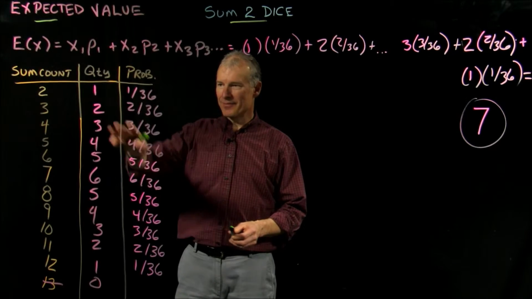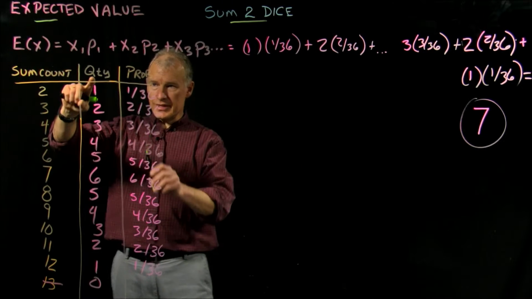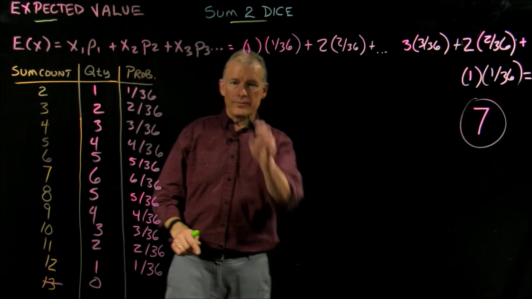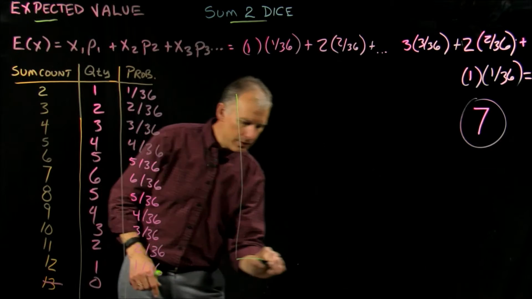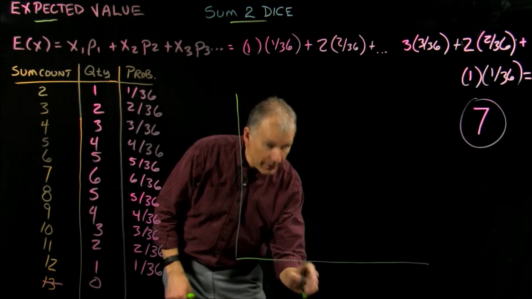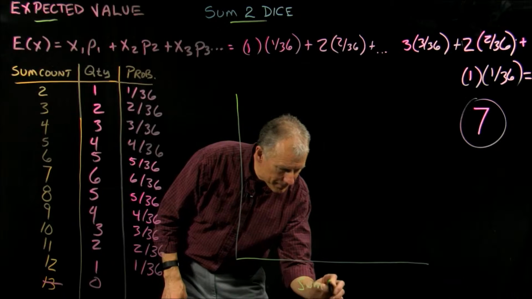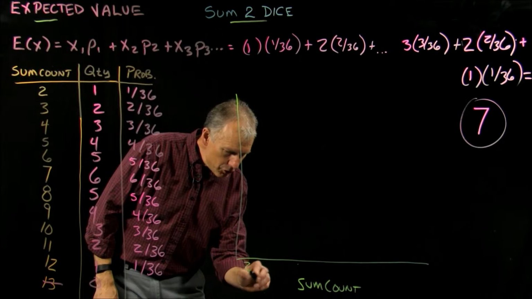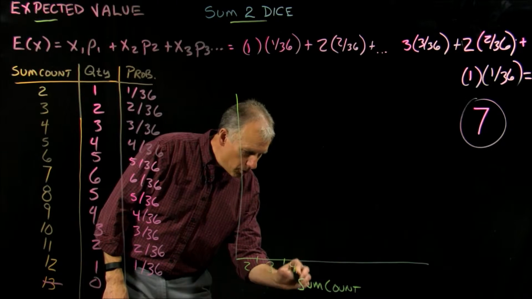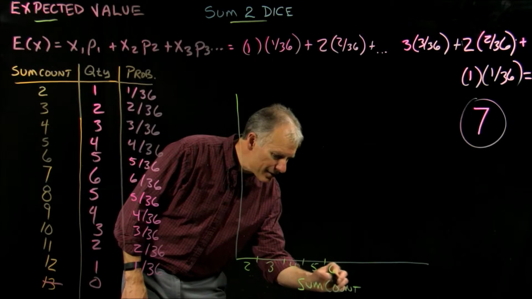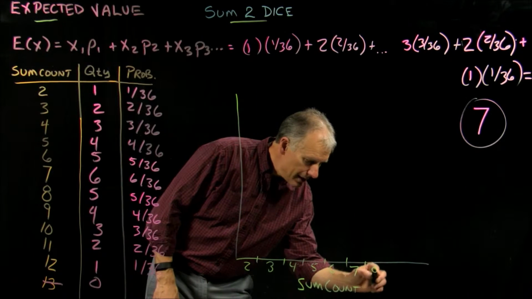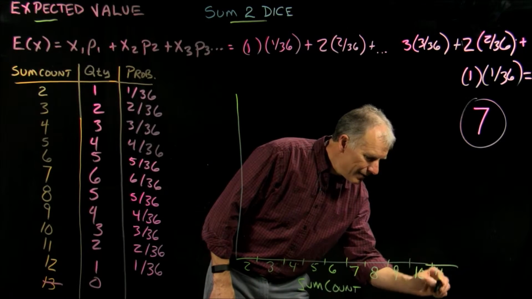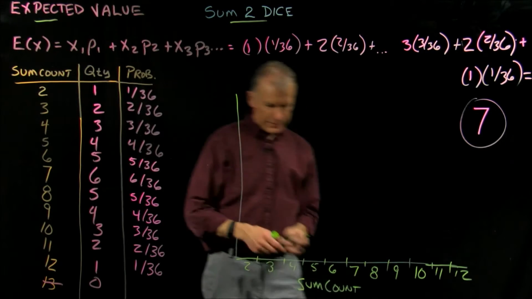So let me make a histogram of our data. This would be a frequency table right here. This is the frequency that these events occurred. So let me make a quick little graph here. On our x-axis, this will be our sum count, this column right here. So we'd have 2, 3, 4, 5, 6, 7, 8, 9, 10, 11, and 12.